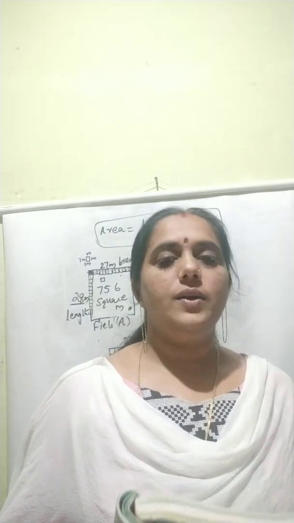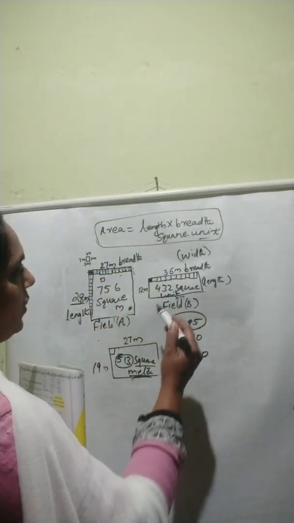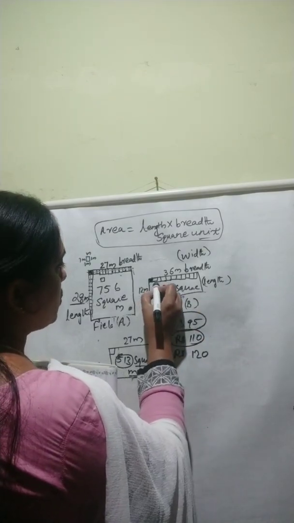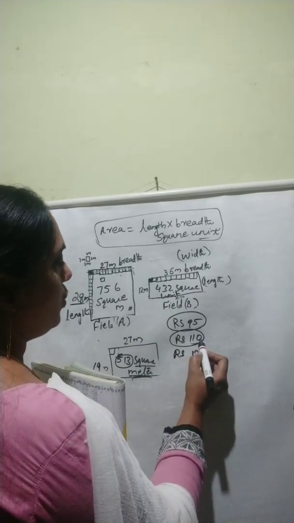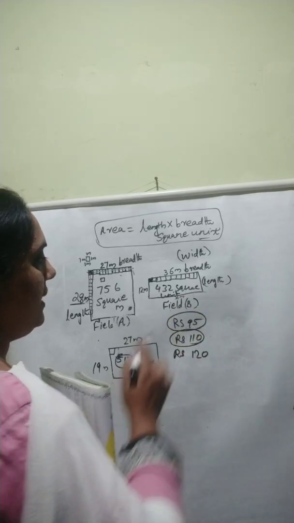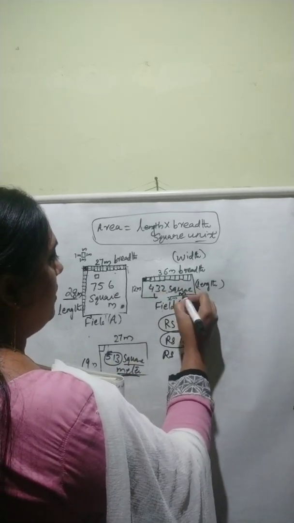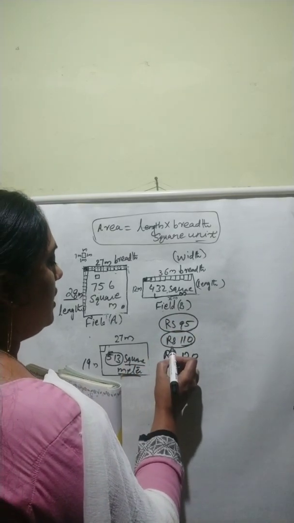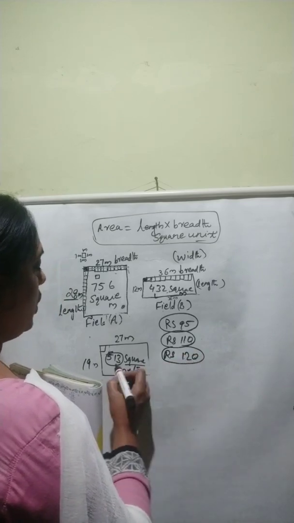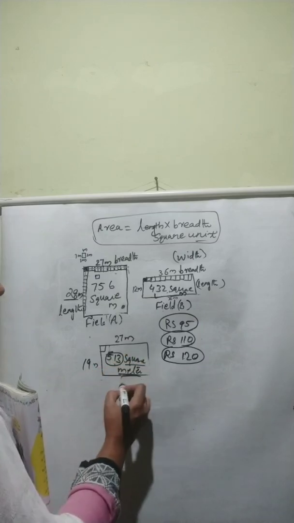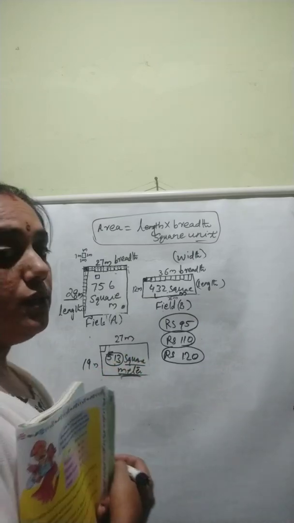For field B, at Rs 110 for a square meter, for 1 square he needs to pay 110 rupees. Total is 432 square meter. For this third one, for 1 square he needs to pay 120 rupees. Total is 513, that means the area of field C is 513 square meter.